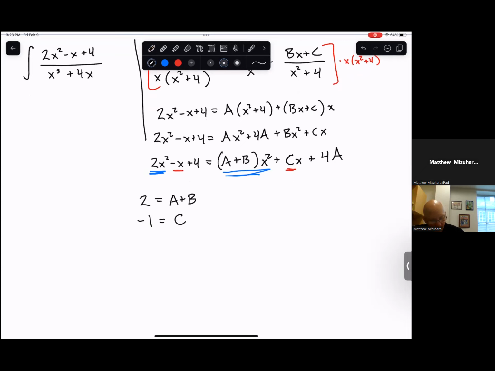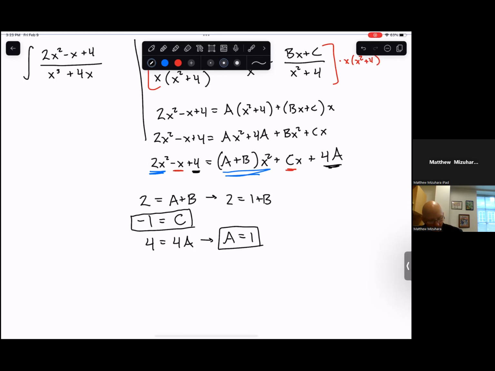And then finally, I have 4 constants on the left and 4a constants on the right, which tells me 4 must equal 4a. Now look, I already have c is -1, and then that last equation quickly tells me that a is equal to 1. And if I plug that into my first equation, I get 2 equals 1 plus b, or it looks like b equals 1.